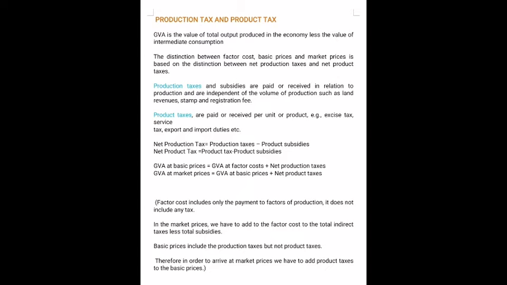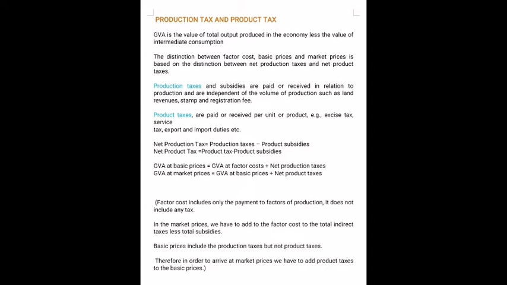So, the GVA, that is gross value added, is the gross value of output, that is the value of total output produced, minus the value of intermediate consumption.